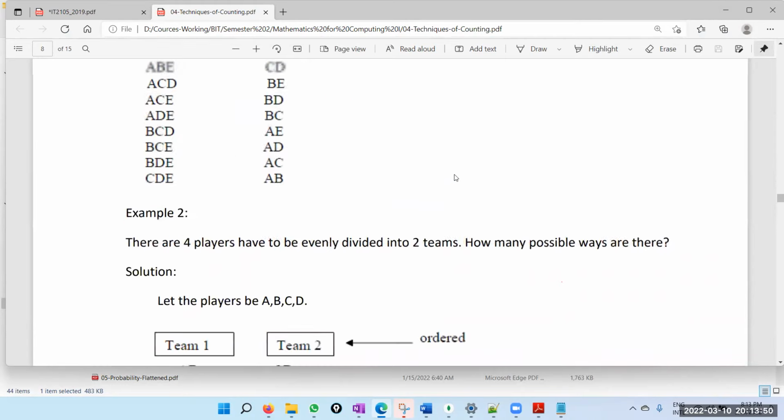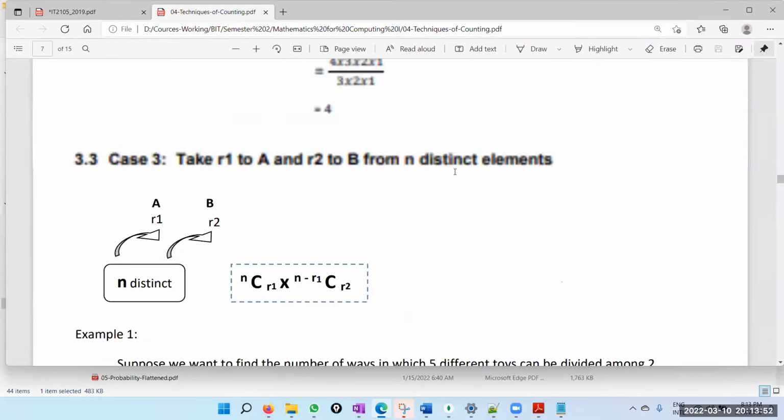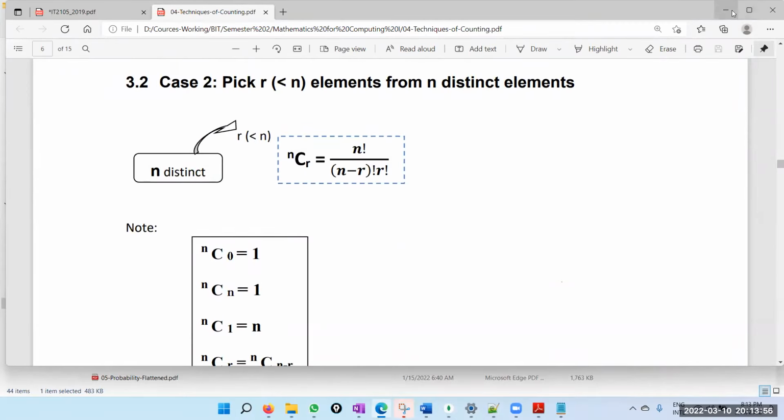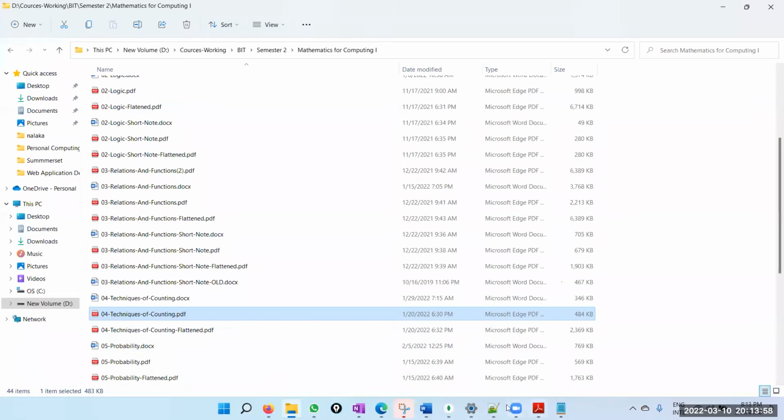Right. So let's calculate that, because NCR is factorial n over factorial n minus R factorial R. Then the answer.